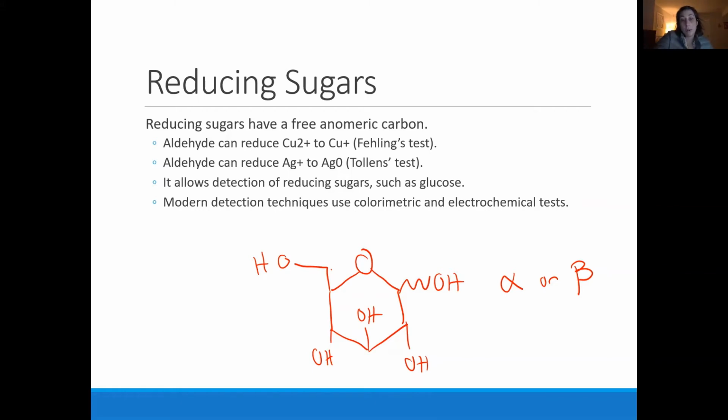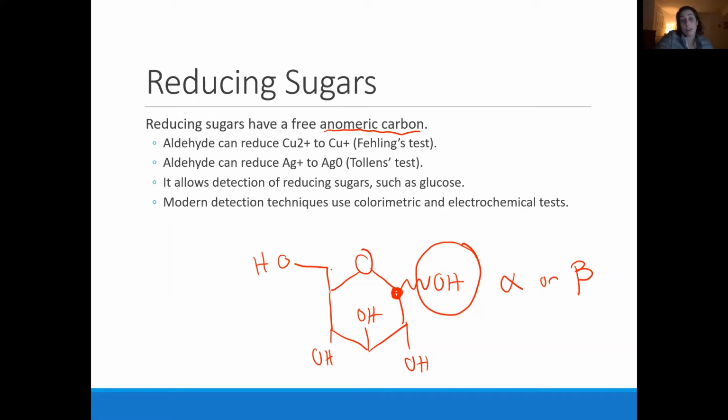Now, this OH group, again, as I said, is very special, and it is on a carbon that is called the anomeric carbon. That's the special name for this carbon where our new chiral OH group forms in the alpha or beta position, the anomeric carbon.